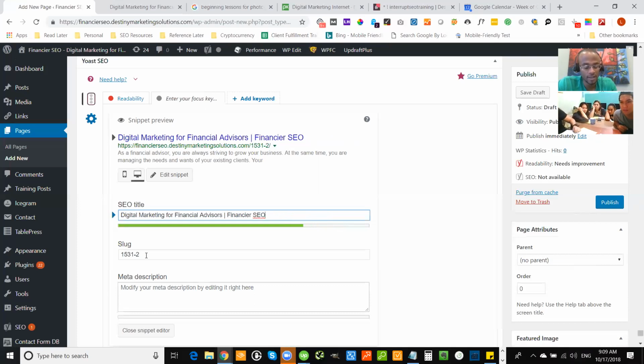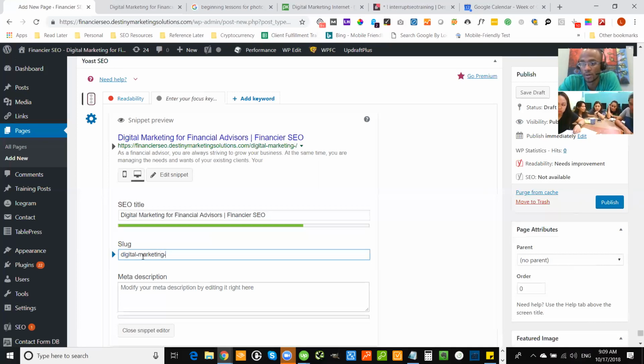Your slug, again, that's your URL. Again, you want to try to include your target keyword. So digital marketing. I'm not going to use "for," and I'm going to actually send you guys a handout on why we wouldn't use "for." But basically, it's called a stop word. And what a stop word does when it reviews a URL, so basically there are certain words that have special meanings in computer language.